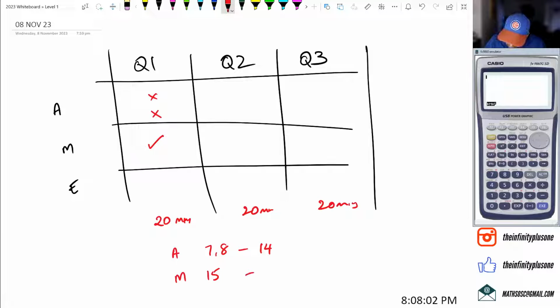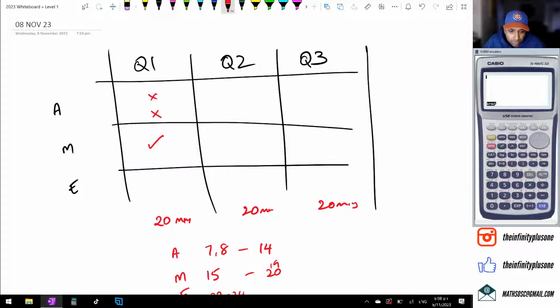Merit can go from 15 to 20 or 19, depending on how difficult the paper is. Excellence again depends on what that merit cutoff is, so it could be 20 to 24 or 21 to 24. It really depends on the day what they decide to do with the paper.